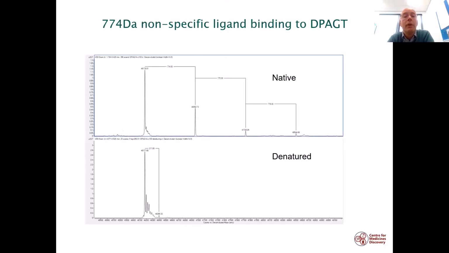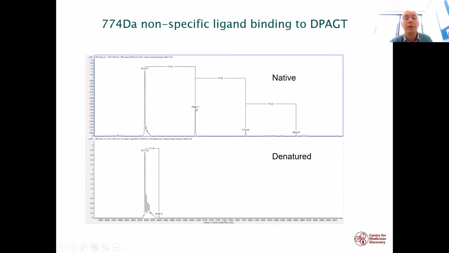Here's another example of a membrane protein. It's a DPAG-T, and here I've got a comparison between the denatured intact mass spectrum for DPAG-T and a native spectrum for DPAG-T. And you can see that in the native, we have mass addition. Mass addition is 774. Interestingly, you can see that this mass addition occurs more than once.